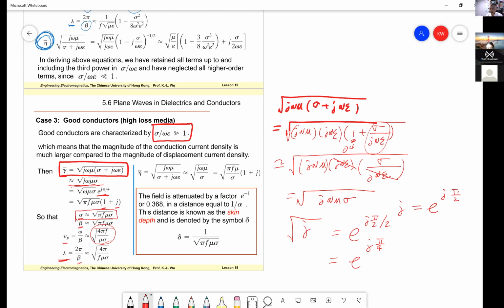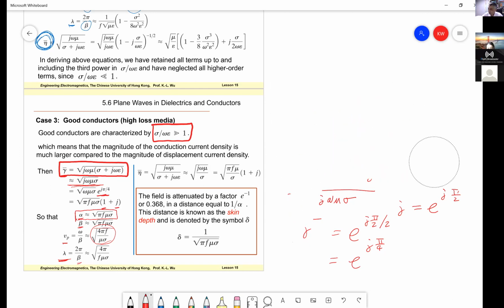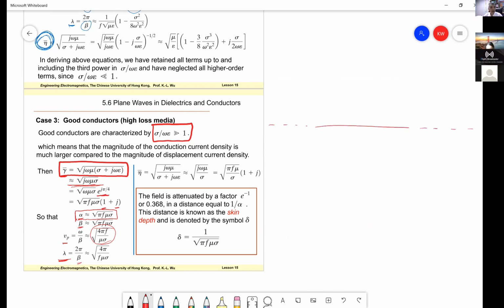It's so high that people define a factor. Say we have a conductor, and this conductivity is fairly high, let's say 5 times 10 to the power of 7.